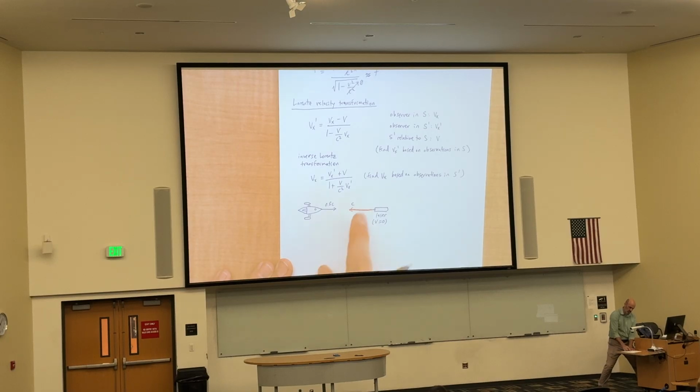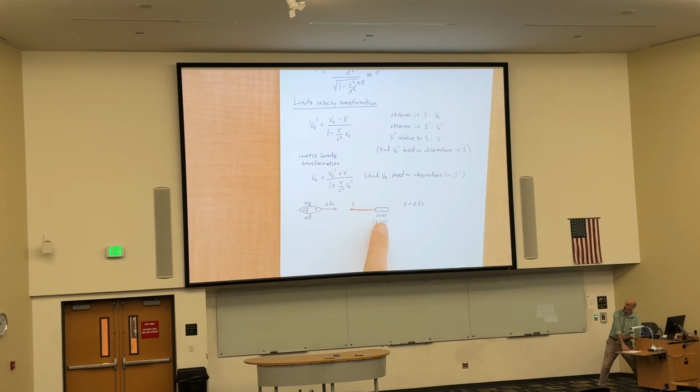And then there is the speed of the laser for the observer in S, which is Vx. All right, and then the speed of S prime relative to S is V, which is 0.5 c. So V is equal to 0.5 c. So that's the relative velocity between these two reference frames, right?